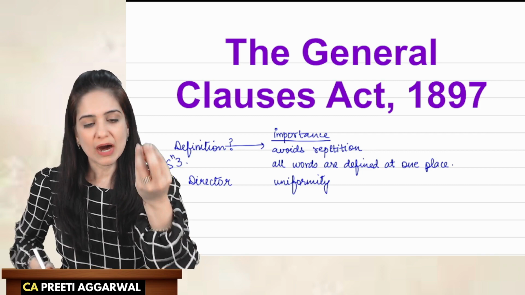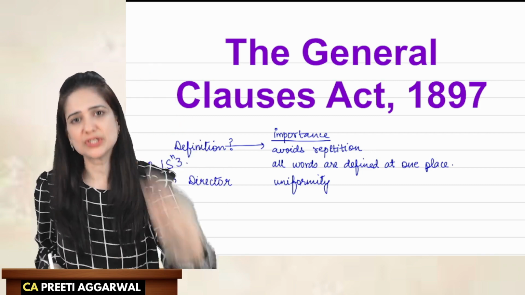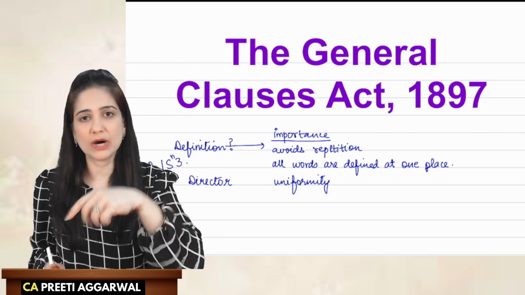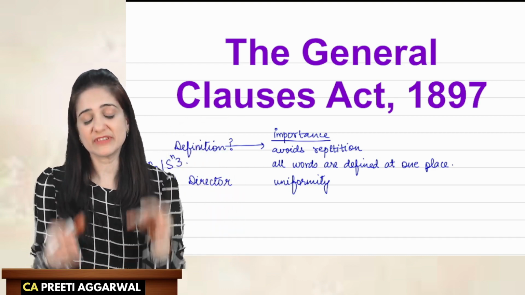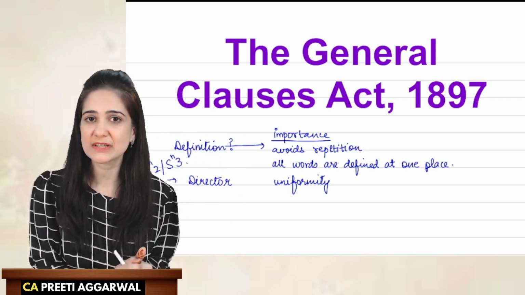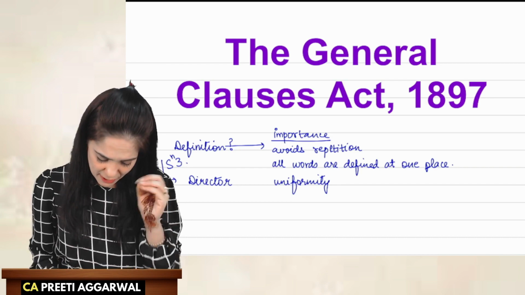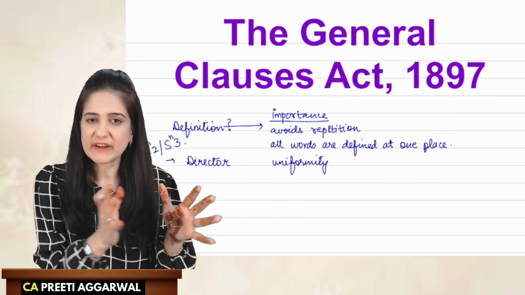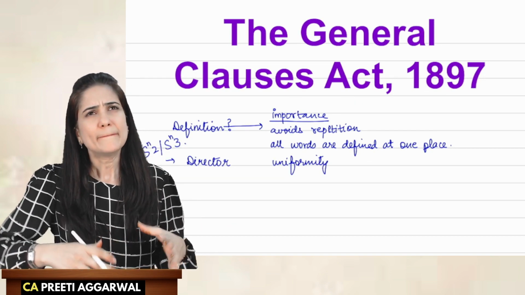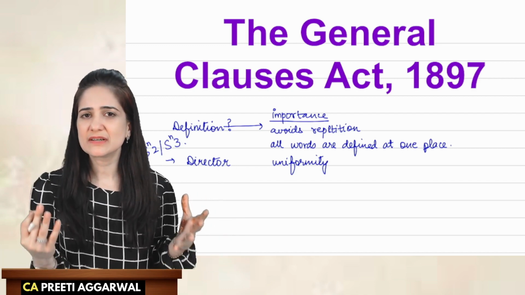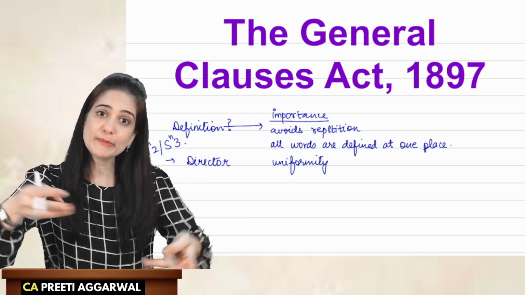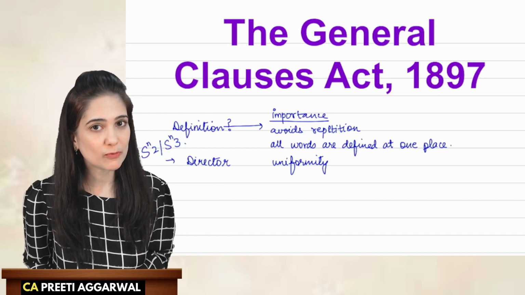So what are you exactly trying to say? In the definition itself, they have mentioned that with reference to a company, this is the meaning of a director, and with reference to a company, this is the meaning of a board of directors. If the lawmaker does not define these words, various people reading the act will attach their own meaning to them, and that is not what we want.